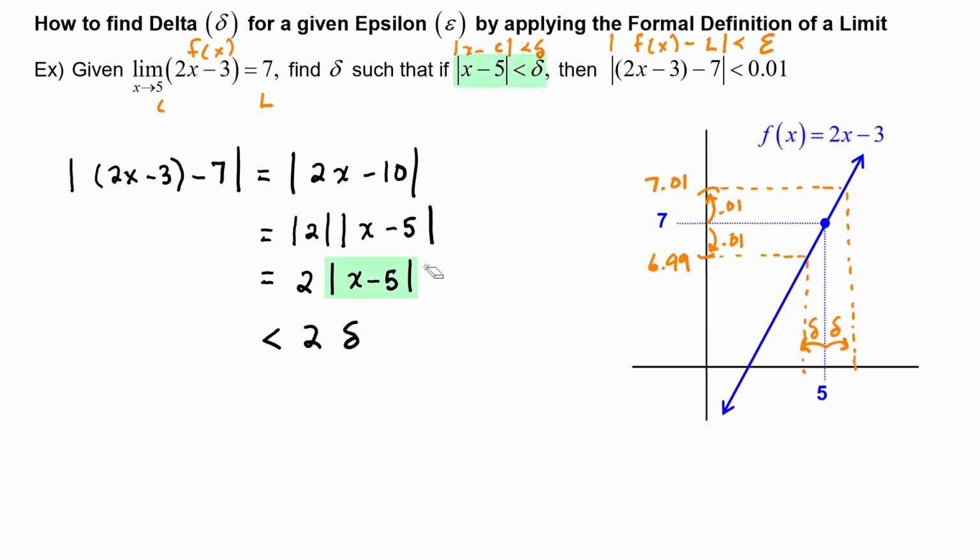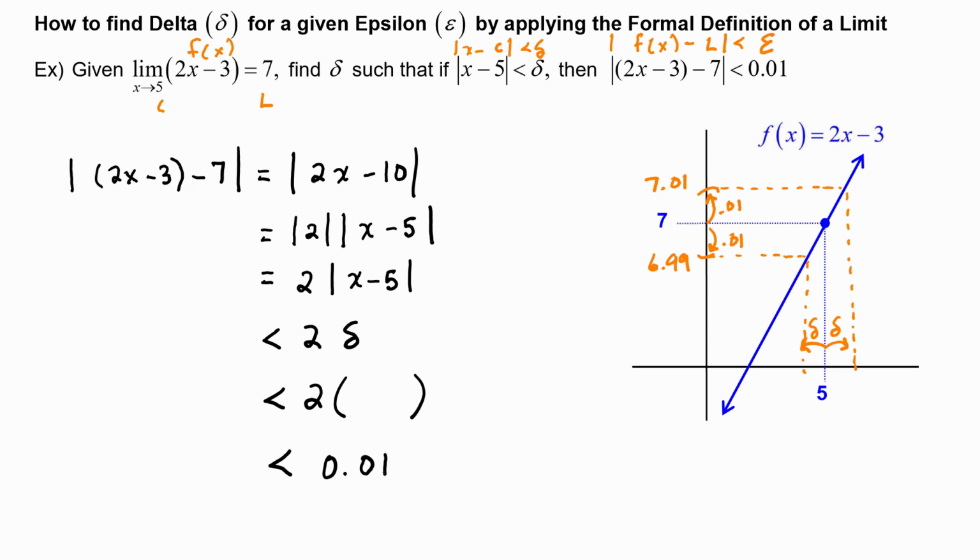Because we know that the absolute value of x minus 5 is less than delta, we are able to change this equality to an inequality of less than, and 2 times the absolute value of x minus 5 becomes less than 2 delta. Now, I don't know what delta is at this point, so I'm going to leave an open set of parentheses here, but I know that I want this quantity to work out to be less than 0.01.